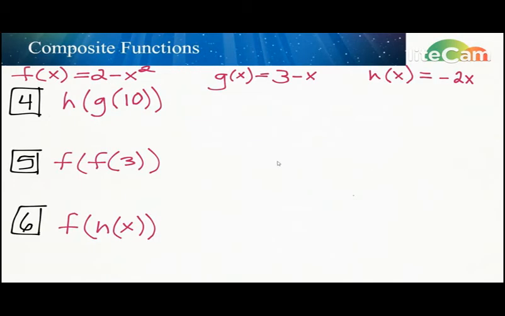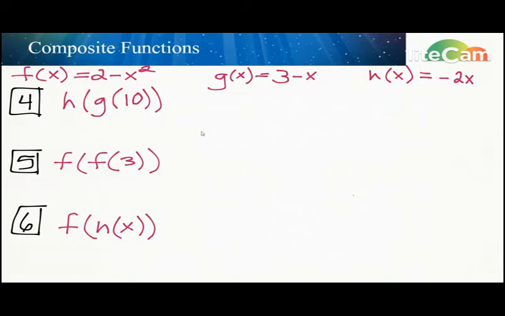So the next problems on your assignment, you're going to try 4, 5, and 6 on your own. For 4, you're going to do g of 10 first, and whatever answer you get for g of 10, you're going to put into h. Notice that h is -2x, g is 3 minus x, and then we have f of x as well, 2 minus x squared.